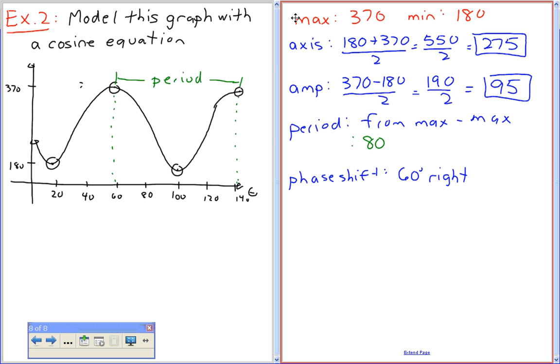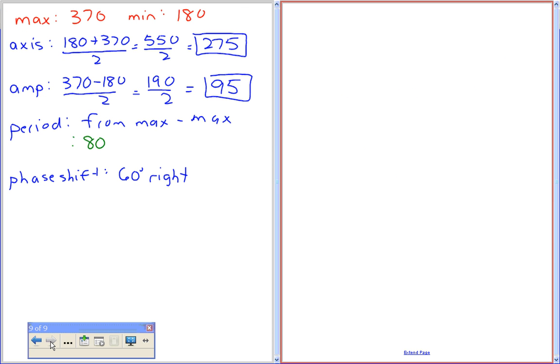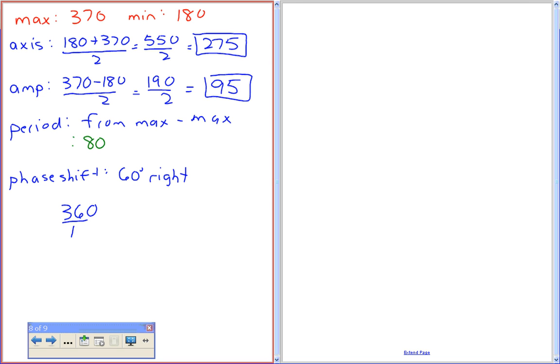Okay, let's start with now our equation. We still need our K value. Shall we remember how we got our K value? If you remember what our K was in our equation, 360 over the K should be our period.